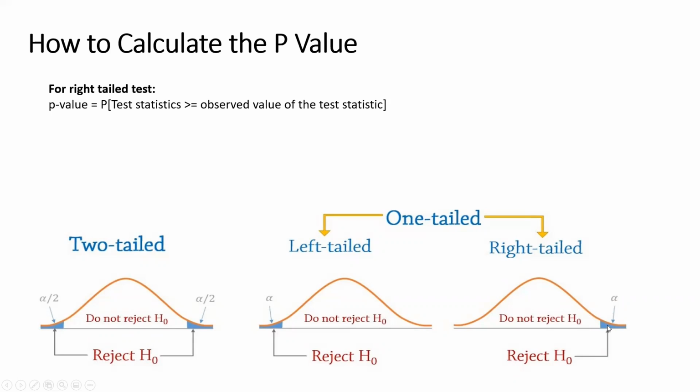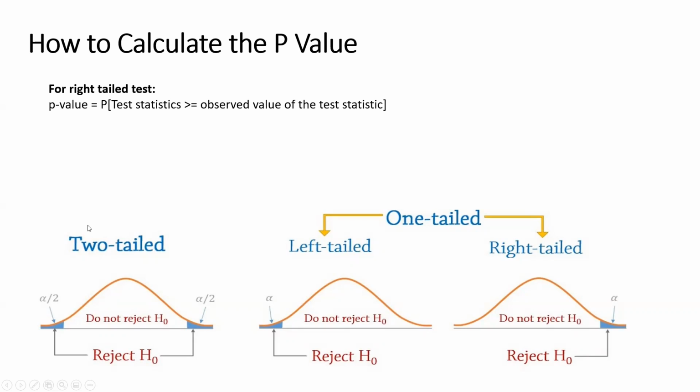Let's assume that this particular arrow here is the sample statistic value, and you will calculate the probability of all the values that are greater than that particular value. That means all the region to the right side of this value.